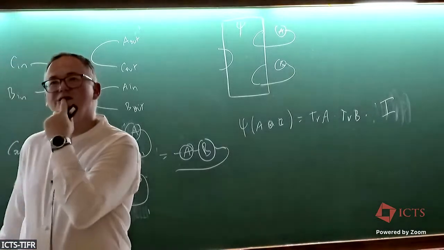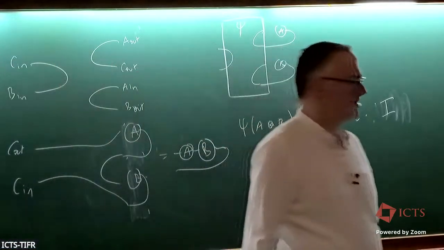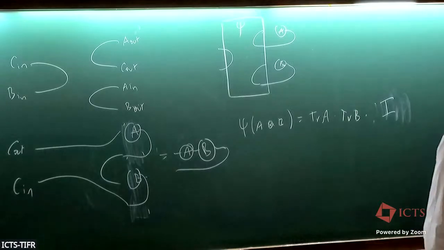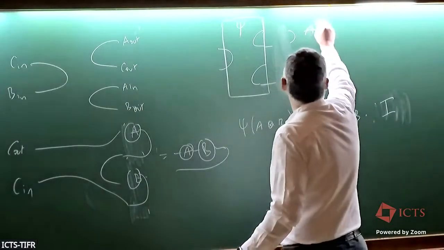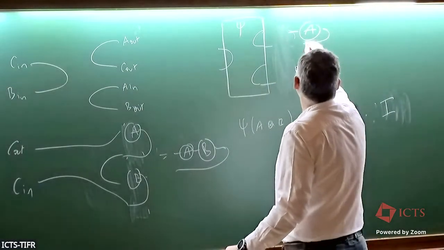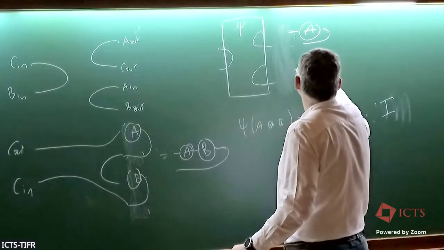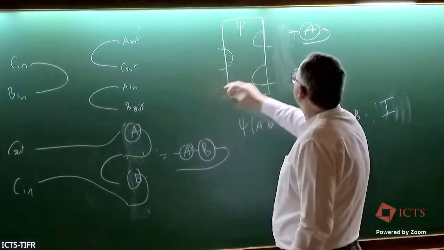Question: in the rotated picture also, I could have kept track of the correct indices and joined correctly, no? Of course, of course. Let's see how to do it. If I have A here, B here, so you have to do it.